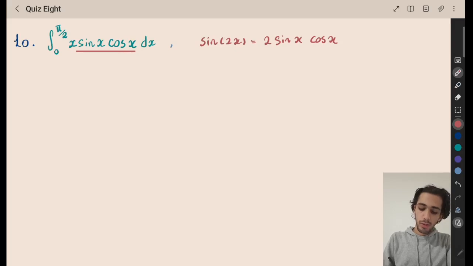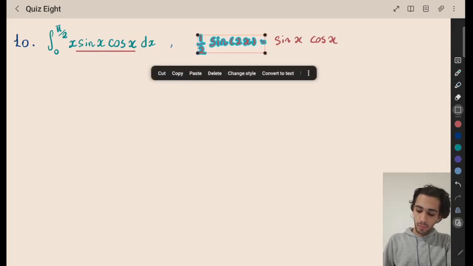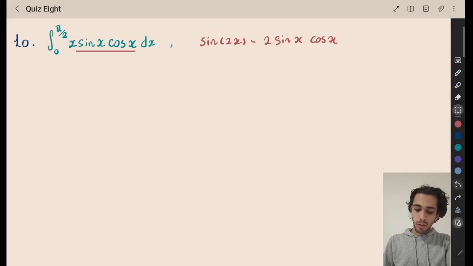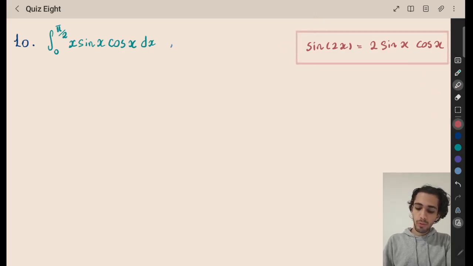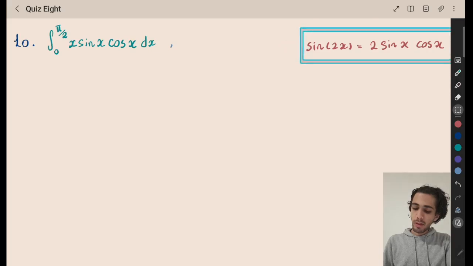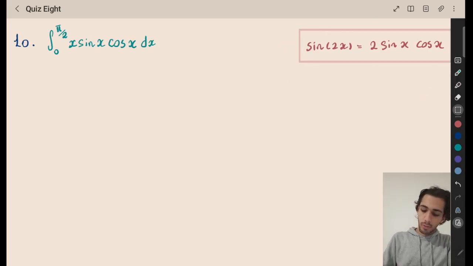Here we have sine of x cosine of x, then probably I can just divide both sides by 2. So this will give me my nice answer. So I won't make a substitution for sine of 2x, I'll make half of sine of 2x.